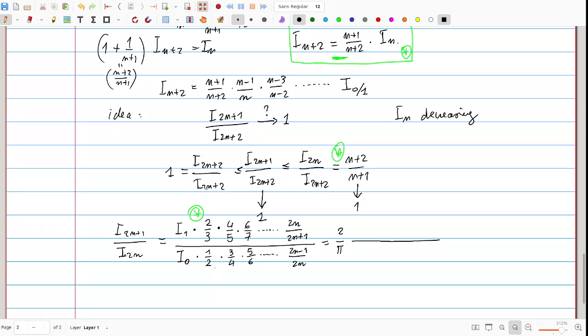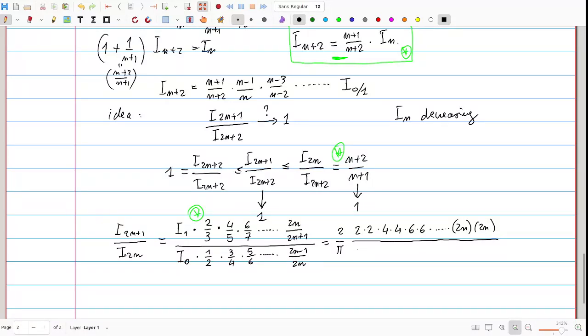Now we put all these fractions together, and you see that the even numbers all go on the numerator, so you have 2 two times, 4 two times, 6 two times, and so on, up to the last one, 2n, which also comes two times.